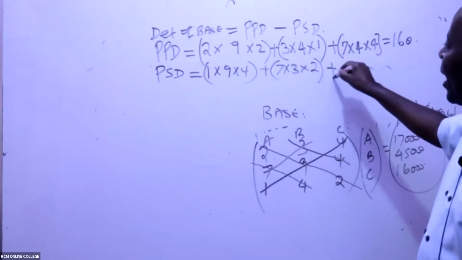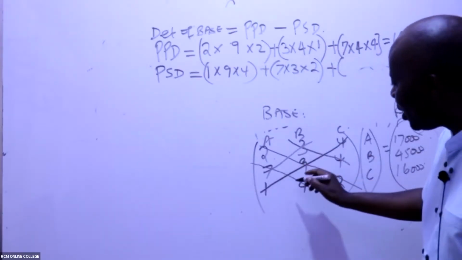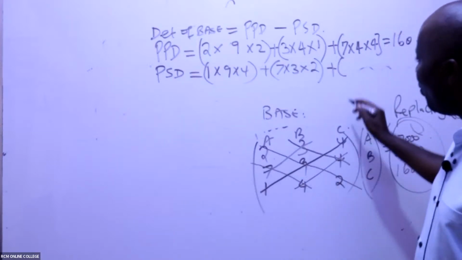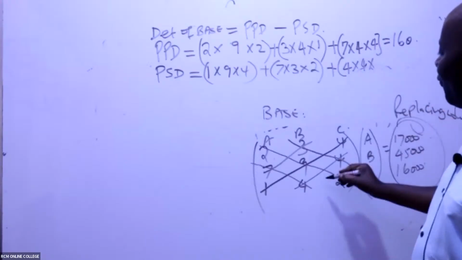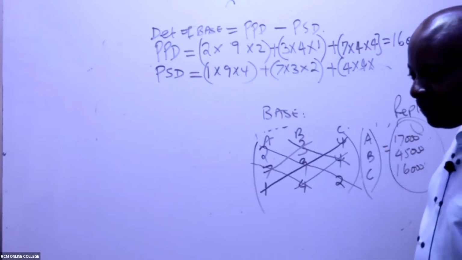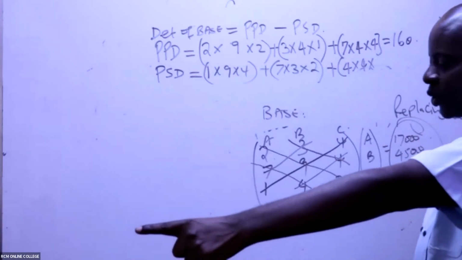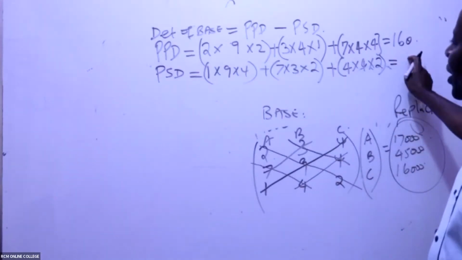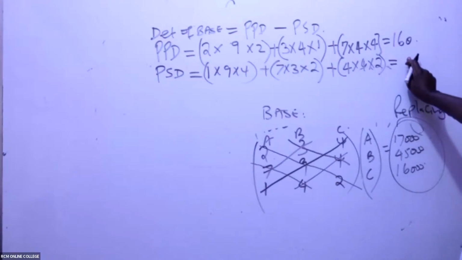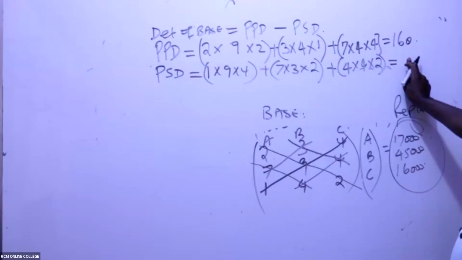And then we have another secondary, which is parallel to this, which will be 4 times 4 times the farthest, times what figure, somebody here? 2. Thank you so much. 4 times 2. So then, ladies and gentlemen, what figure are we able to get here? So we have 1 times 9 times 4, plus 7 times 3 times 2, plus 4 times 4 times 2.